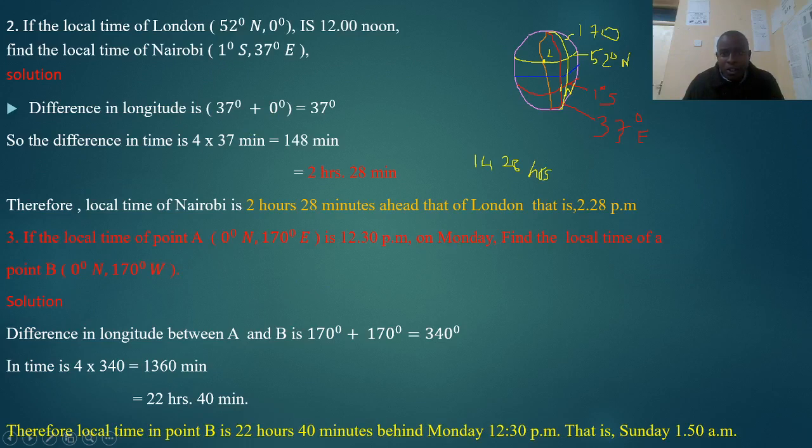On Monday, find the local time of a point which is at latitude 0 degrees and 170 degrees west. So we have another 170 to the west.